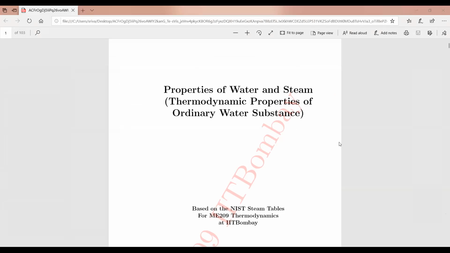If you look at this, at 180 degrees centigrade, I have to take the saturation pressure. Before going to that, I have to give an explanation.